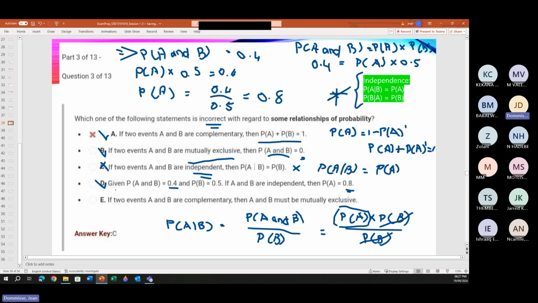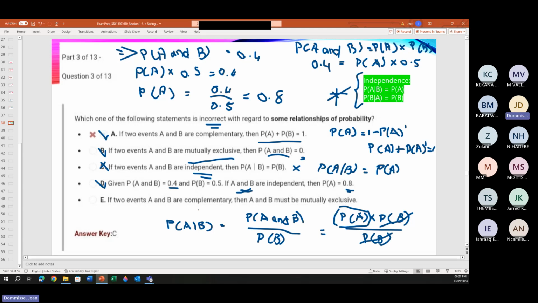You are allowed to do it because they tell you A and B are independent. If I tell you that, you can assume that the probability of A and B is equal to the probability of A times the probability of B.